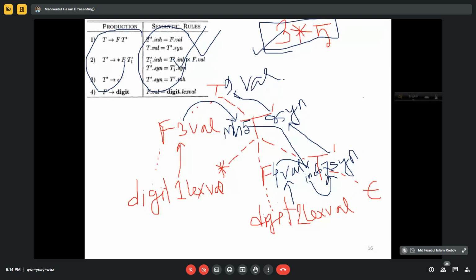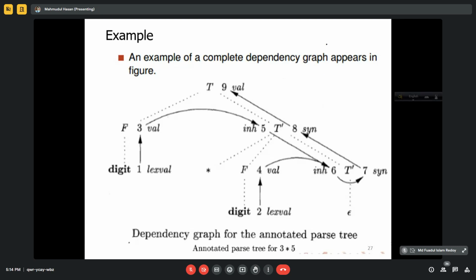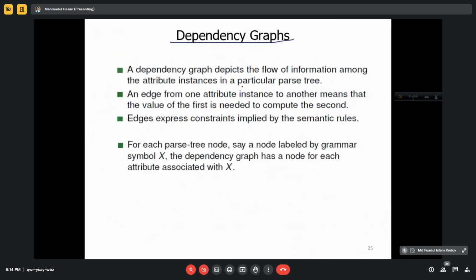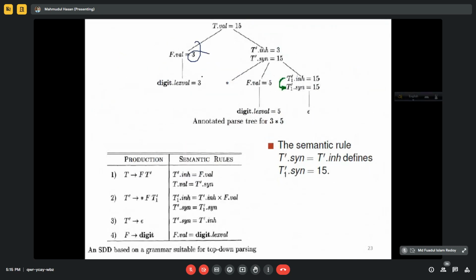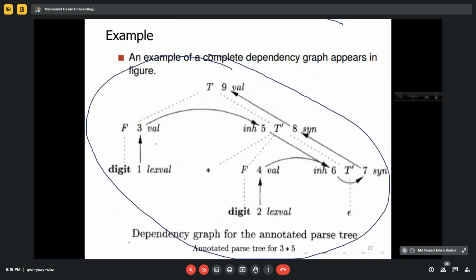Got it? So this one actually is your dependency graph. The semantic theory is the same, just that in an annotated parse tree you need to show the values, but in a dependency graph you need to show the direction and obviously the serial number.